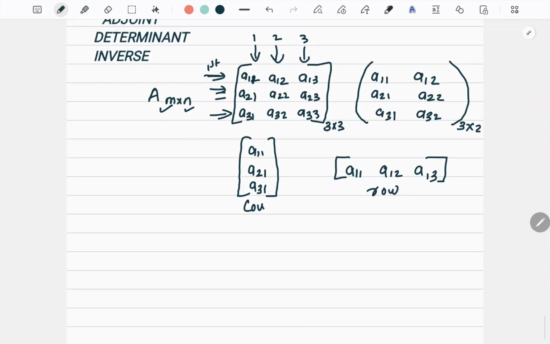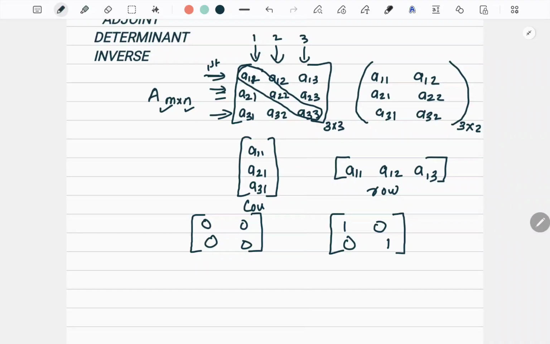Now what is a null matrix? A null matrix is a matrix where all the elements are 0. So this is a null matrix. In the same way we define the identity matrix. The identity matrix is a matrix where the diagonal elements, see, all these elements are called the diagonal elements, right? So diagonal elements are 1 and remaining elements are 0.